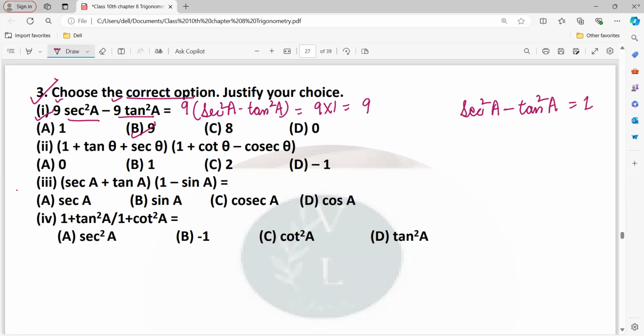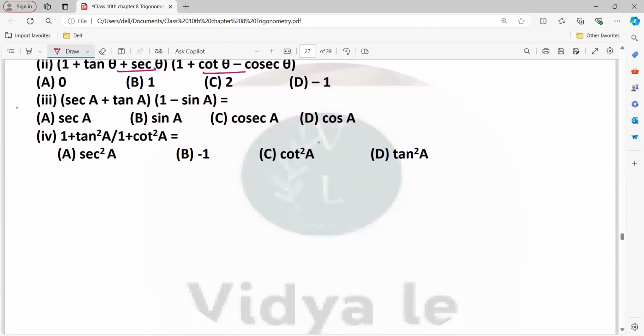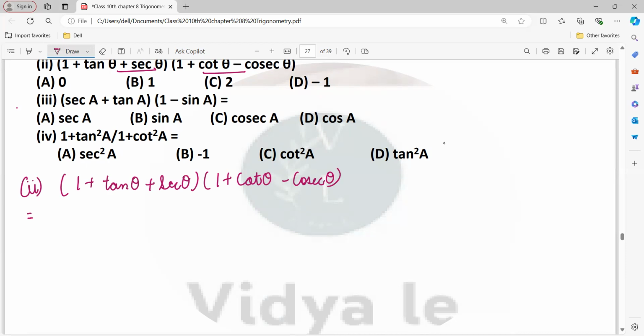Wonderful. Now, in the second part, we have 1 plus tan theta plus secant theta into 1 plus cot theta minus cosecant theta. We need to find its value. So let's solve it. Now, we'll substitute the values of tan, cot, secant and cosecant.